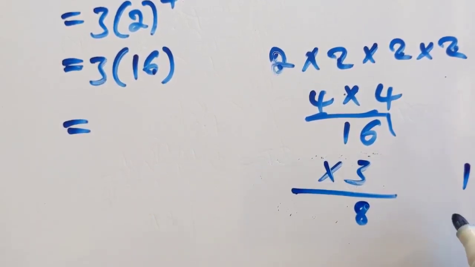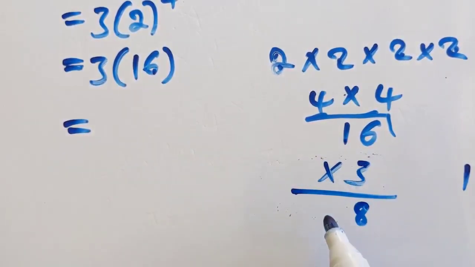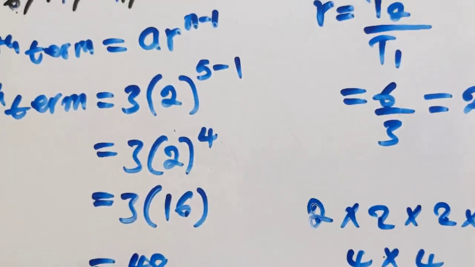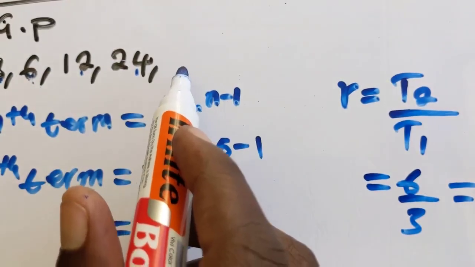So you get 8 remainder 1. Then 3 times 1 is 3, plus 1 is 4. So the answer is 48. And there was 48 right here.